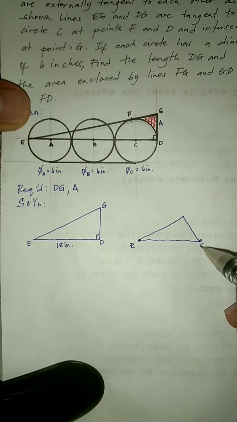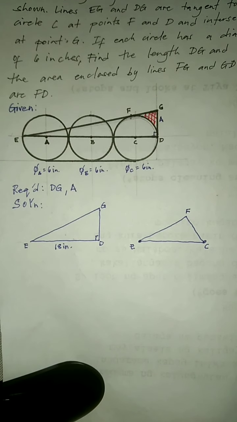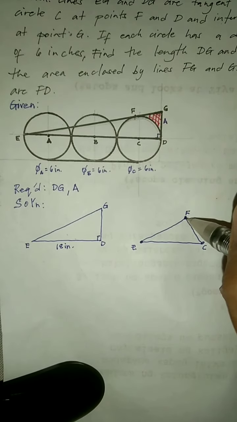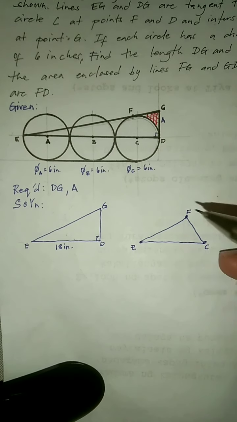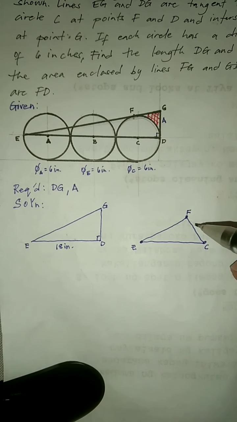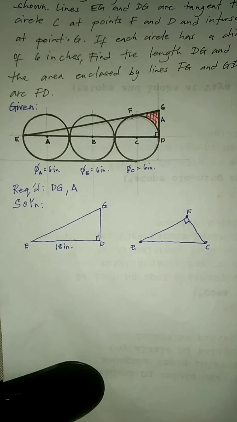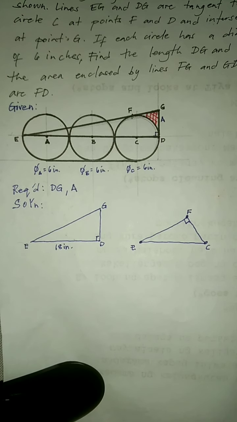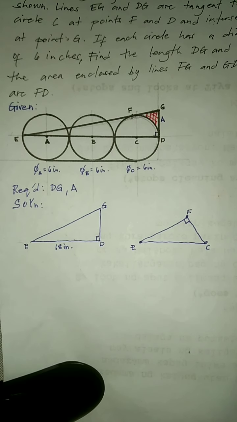So how is this triangle possible? It's the same concept as triangle EDG. F is the point of tangency with circle C, and of course CF is also a radius, so they also form a 90-degree angle, similar to DG and CD. Then EC is part of the bigger segment ED, so we can also have that segment.